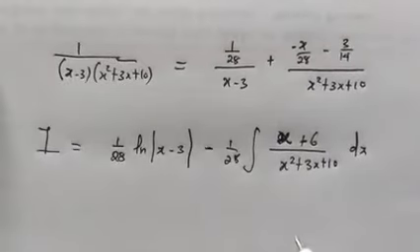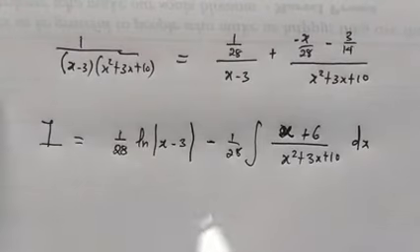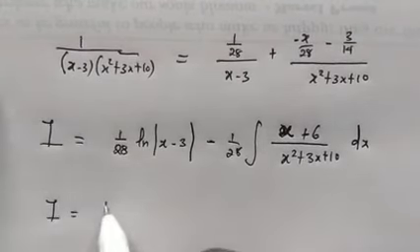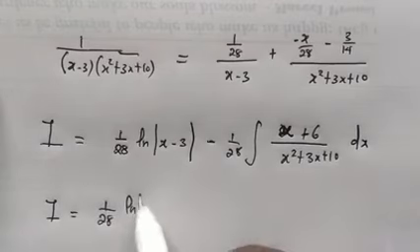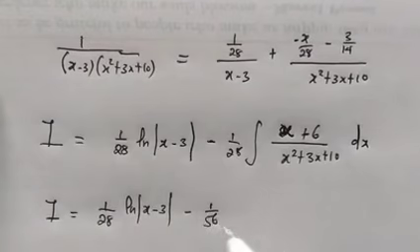Again, multiply by 2 over 2. So we get I is equal to 1/28 the natural log of x minus 3, and here minus 1/56, you get the idea.